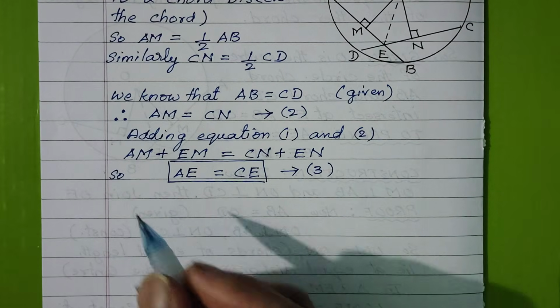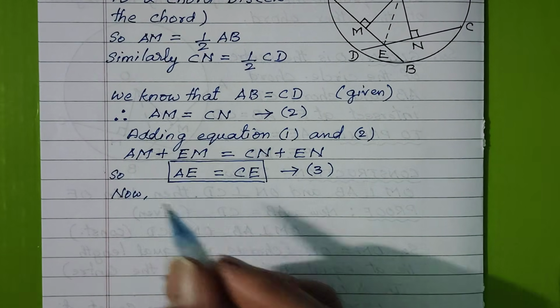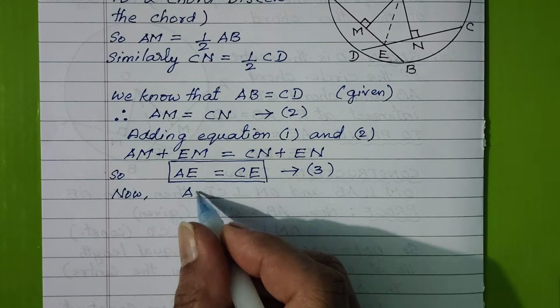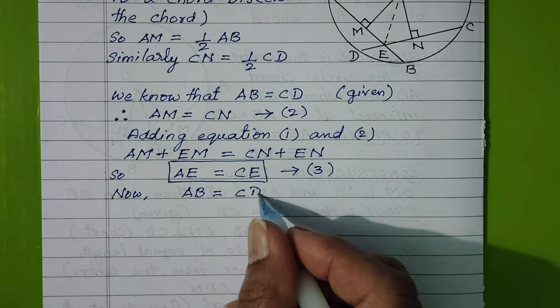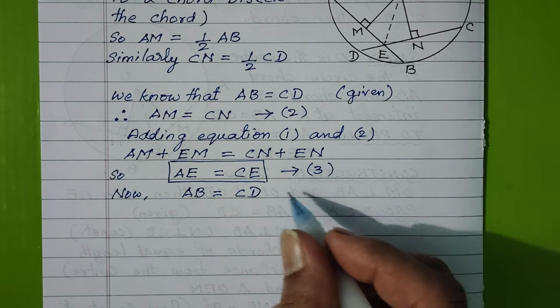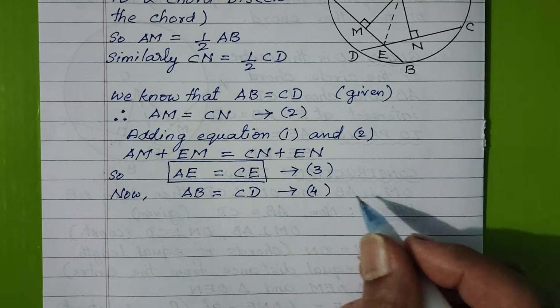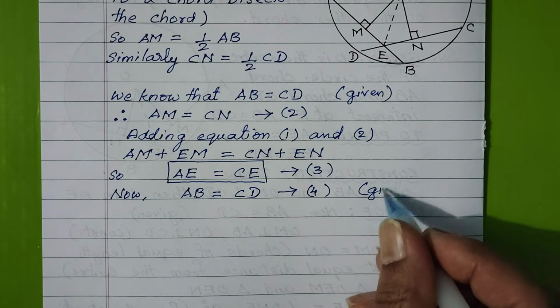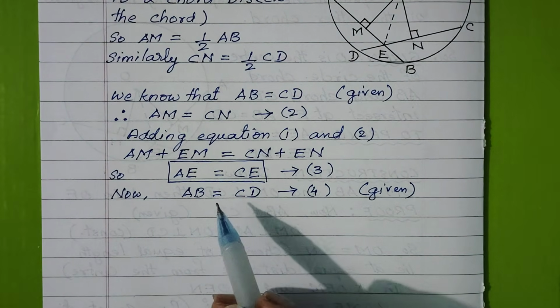Now, AB equal to CD. Let this equation be 4. This is given to us. Now what we will do?